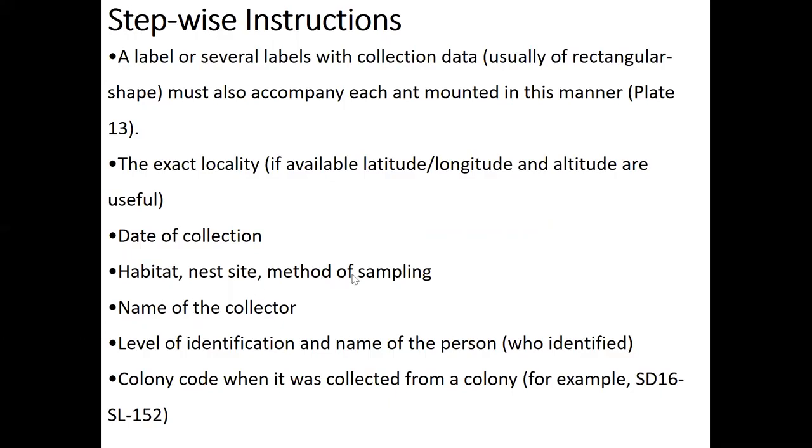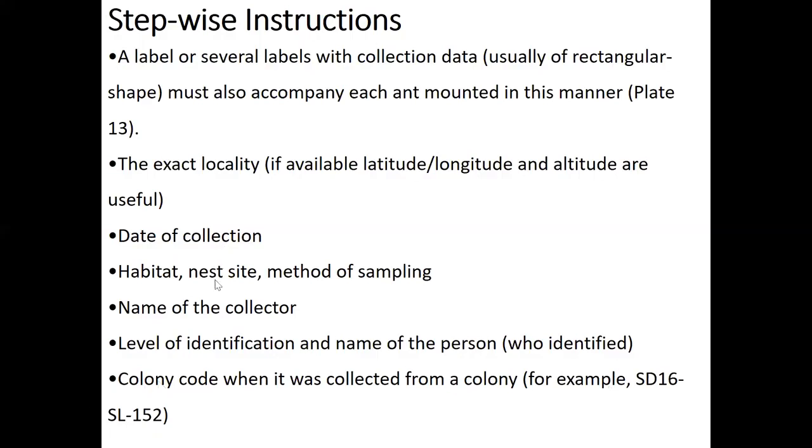Habitat, nest site, method of sampling, name of the collector, level of identification and name of the person who identified it, did the mounting, and colony code when it was collected from a colony. For example, if you are collecting many colonies, in your own collection you can give codes.